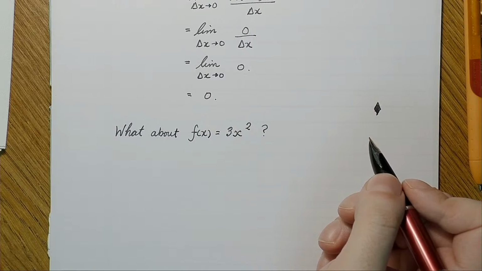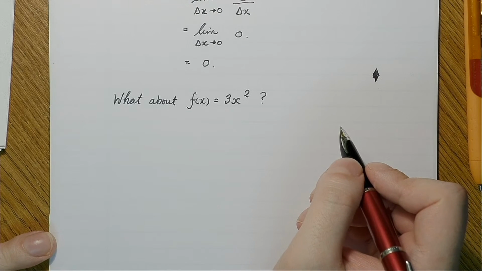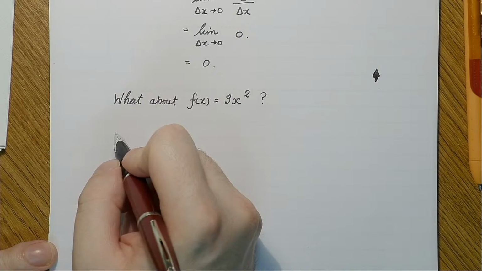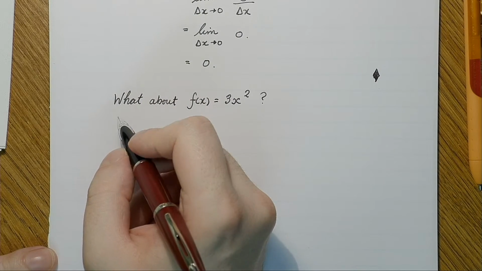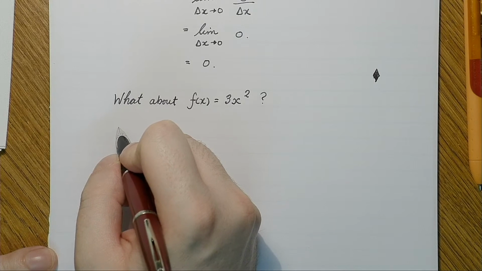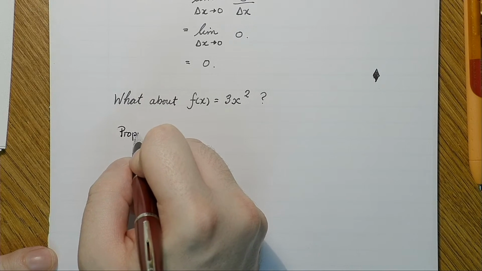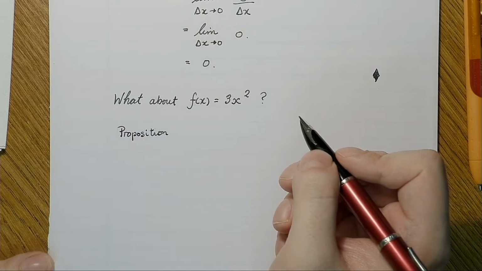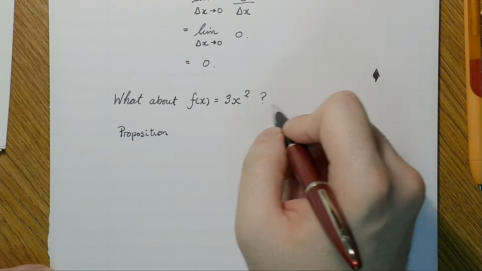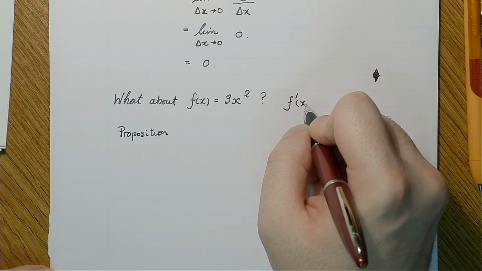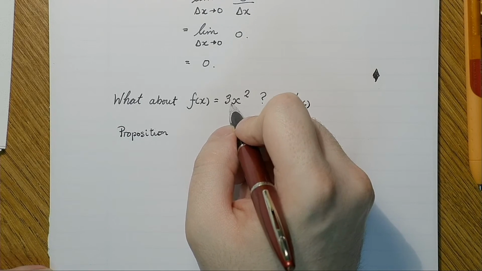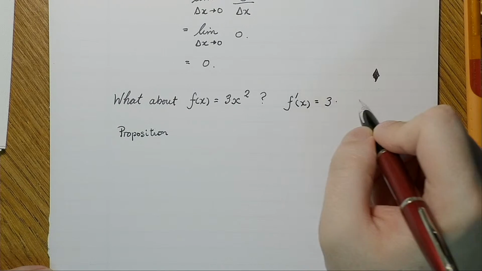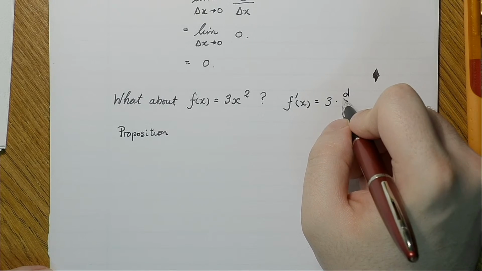But it'd be nice if we could come up with some sort of rule. And so this is what we can do for our proposition. It'd be nice if we can just treat that like a constant and then multiply it by the derivative.